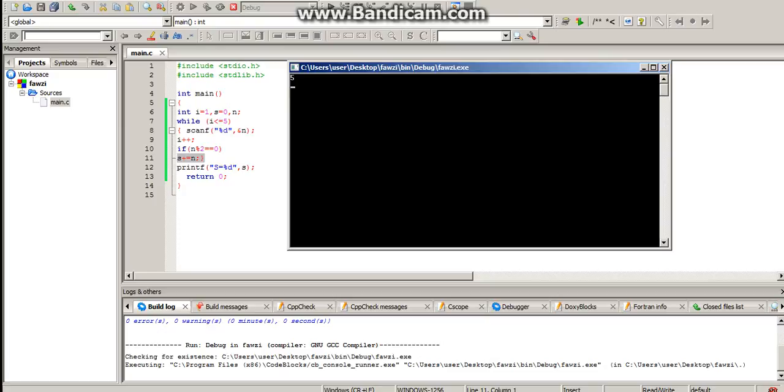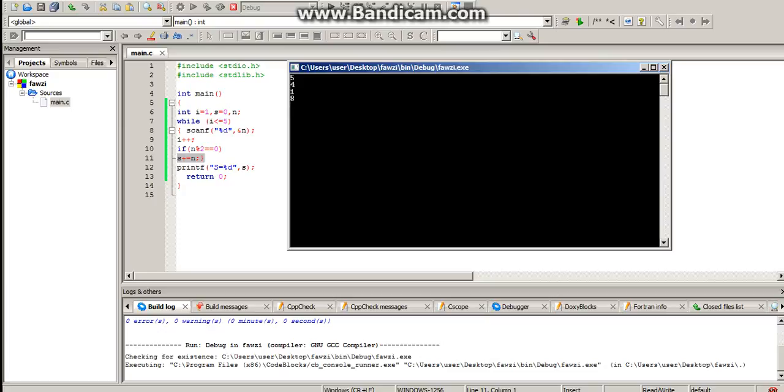If we got 4, for example, the remainder is gonna be 0, so we need to substitute it for s is equal to n plus s, so it's gonna be 4. And if we write, for example, 1 divided by 2 is gonna be equal to 1, so nothing would happen. If we write, for example, 8, it's gonna be 0, so 4 plus 8 is gonna be 12.